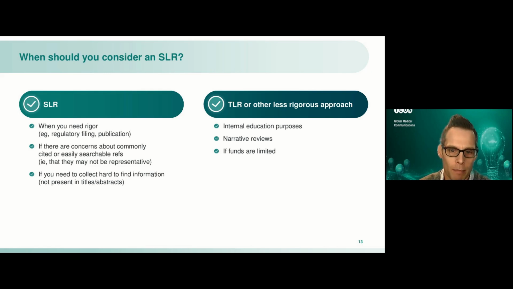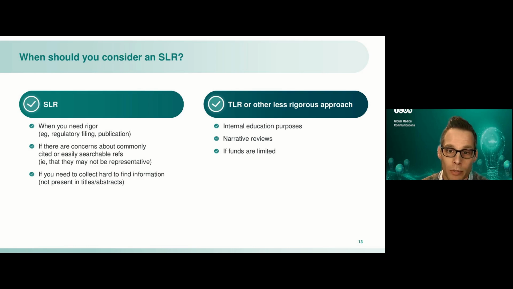So things that don't pop up in the title or the abstract and are not searchable or indexed, you'll want to take a deep dive with something like a systematic review. Now, all that said, you don't always have to do an SLR. There are definitely other goals you may have that can be addressed with less rigorous options.